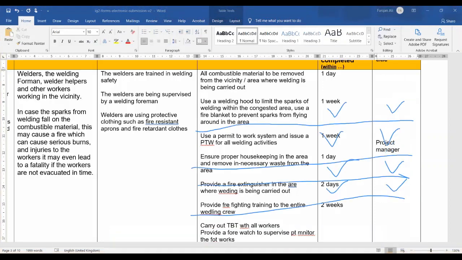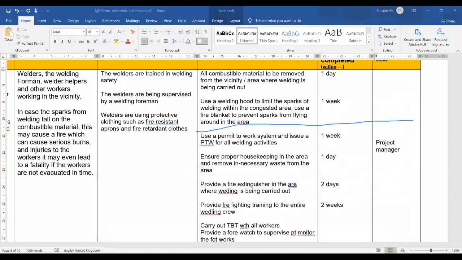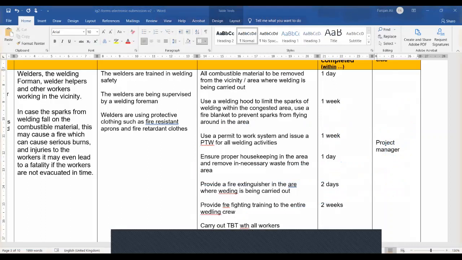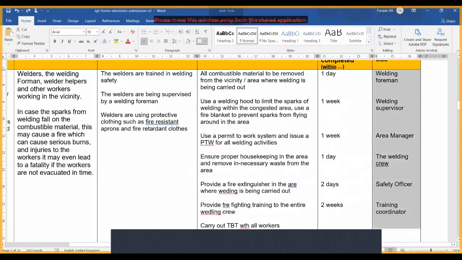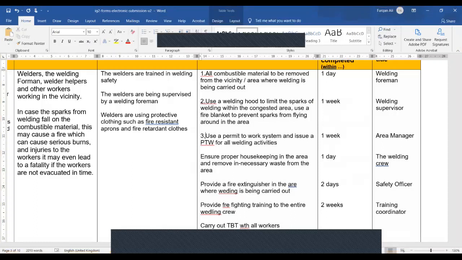Can we write a name for 2 actions? Yes, you can do that. You can write like this: welding supervisor. If you give numbering, for example, action 1 and action 2, but the time should be separate for each action, okay?